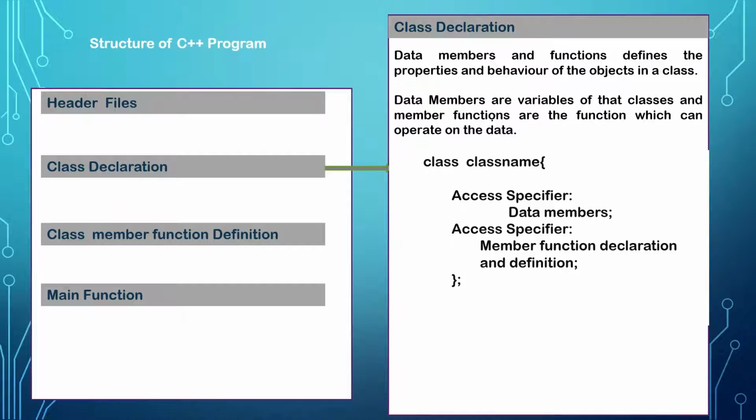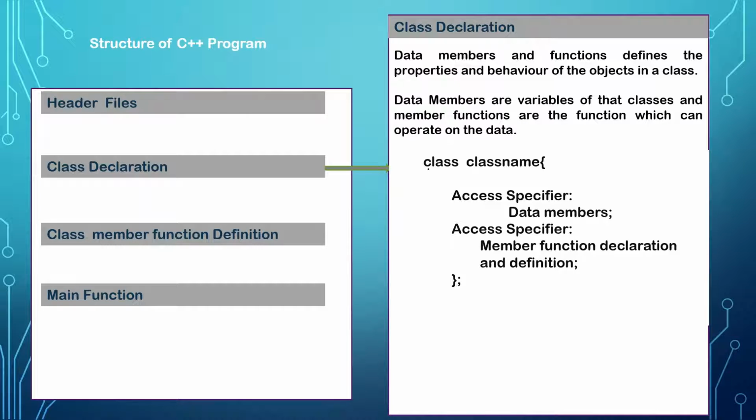These define the properties and behaviors of an object. Simply, a data member means a variable, and a member function is a function that operates on that data. So how do you declare a data member in your class?